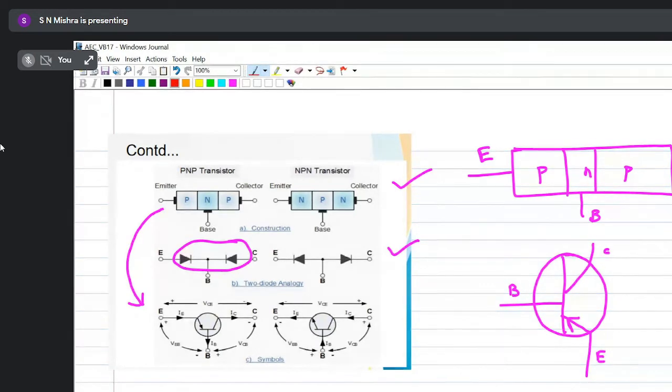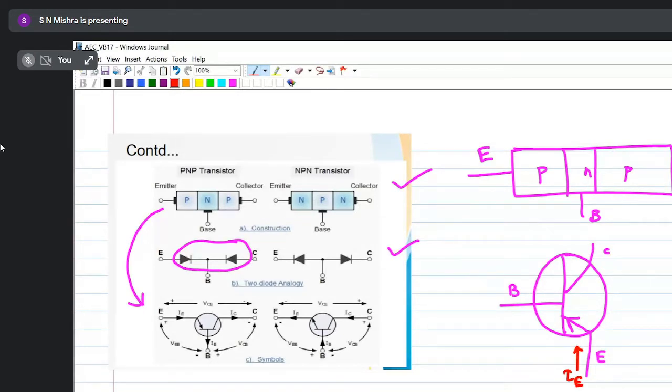The arrow mark suggests current is incoming. The terminal emitter provides the emitter current, that is, current flowing through the emitter terminal is represented as IE, and the arrow mark is incoming, so IE is also incoming.